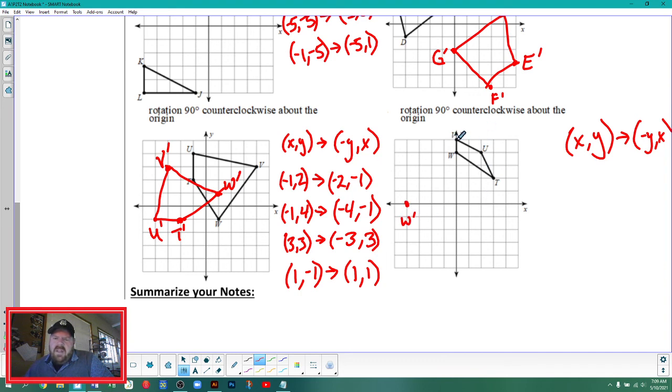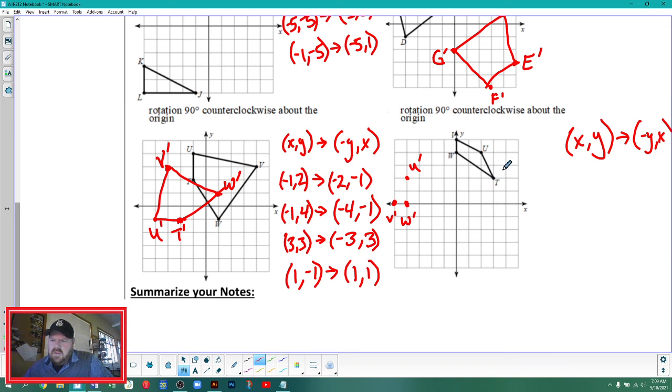A point like V at 0, 5 is going to turn into negative 5, 0. U at 2, 4 is going to turn into negative 4, 2. And T at 2, 3 is going to turn into negative 3, 2.